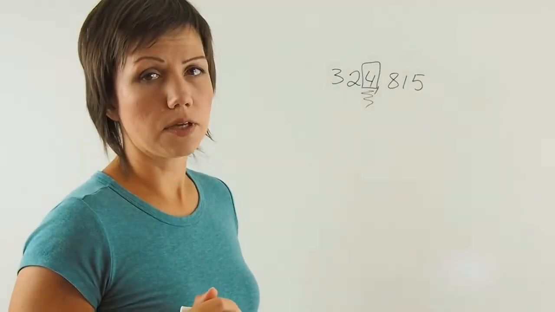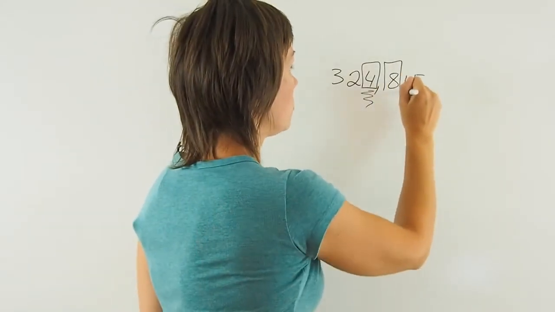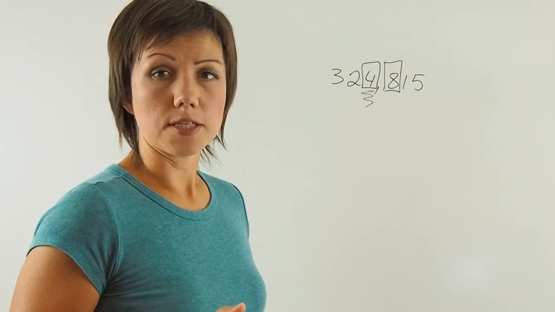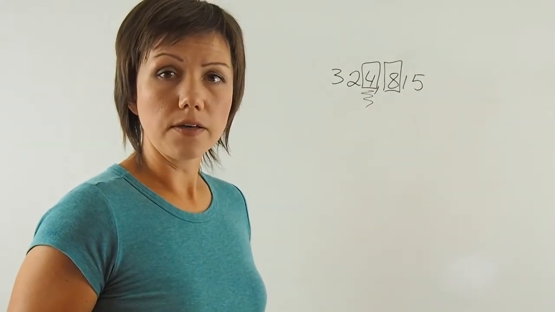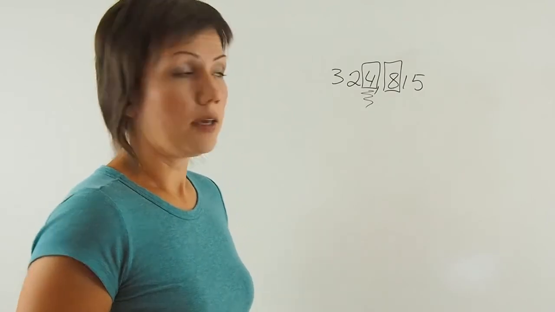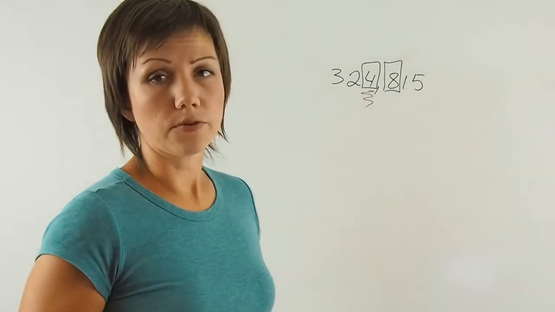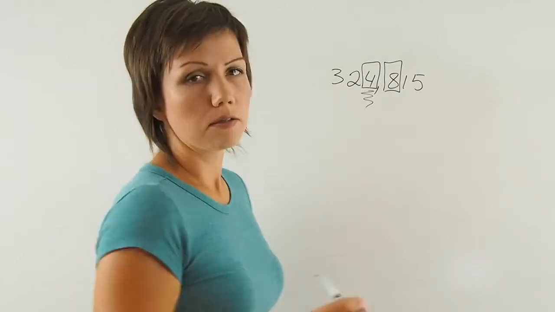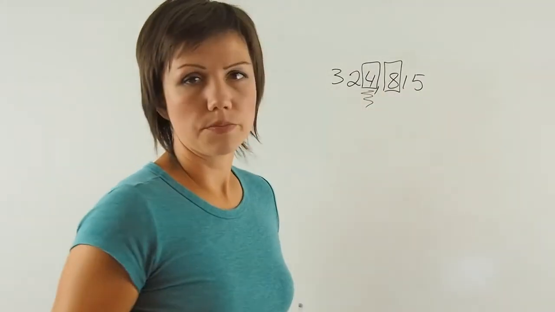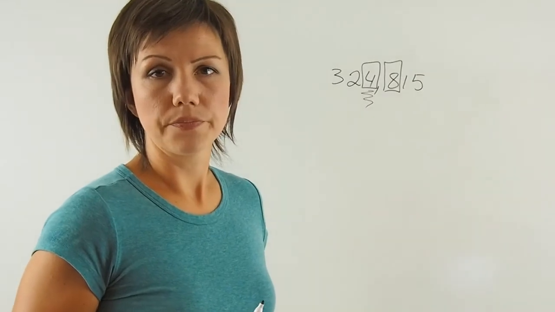So I need to look at the number to the right of 4, and if this number is less than 5, then 4 remains the same and doesn't change. If this number is 5 or greater, then 4 rounds up 1. The rest of the numbers just disappear, they become zeros.